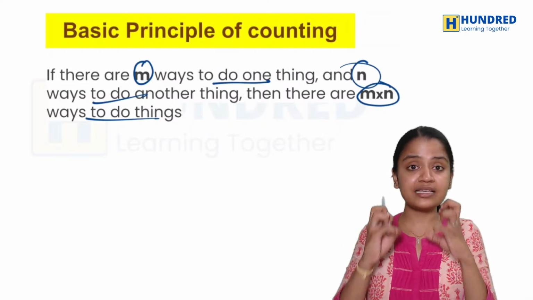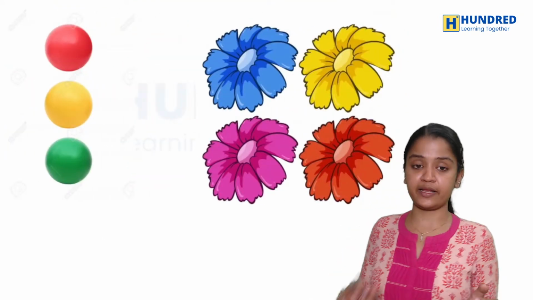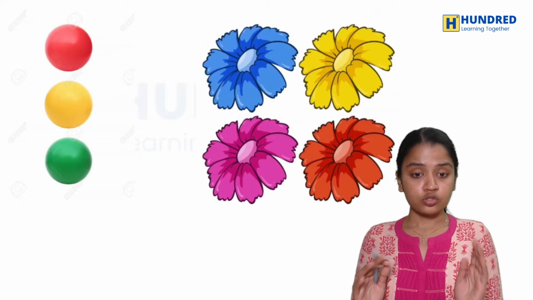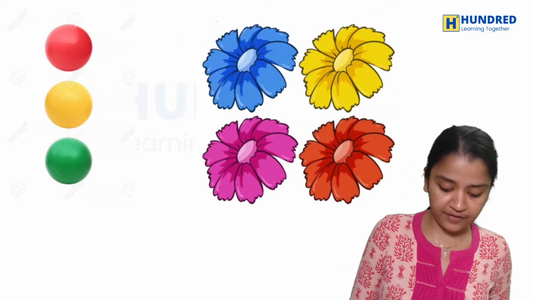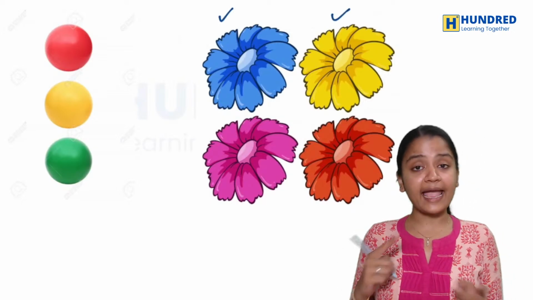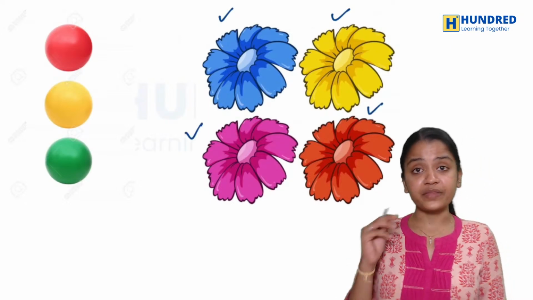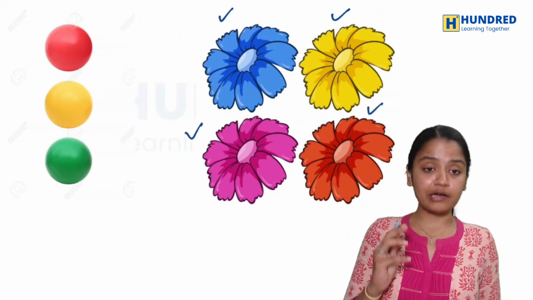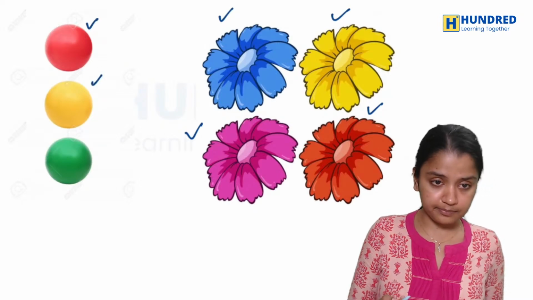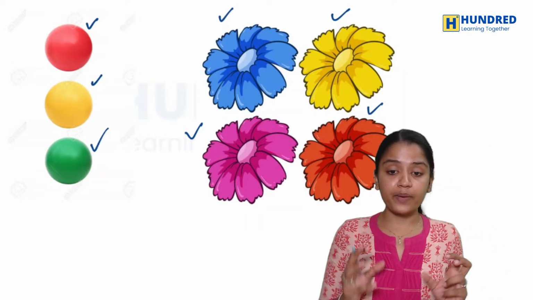This will be slightly confusing, so let me explain with an example. Look at the example here. You have a blue flower, a yellow flower, a pink flower, and a red flower. Here you have a red ball, blue ball, yellow ball, and green ball.